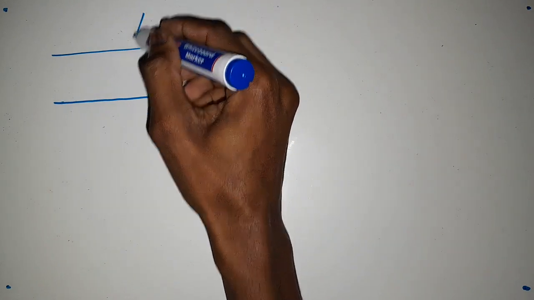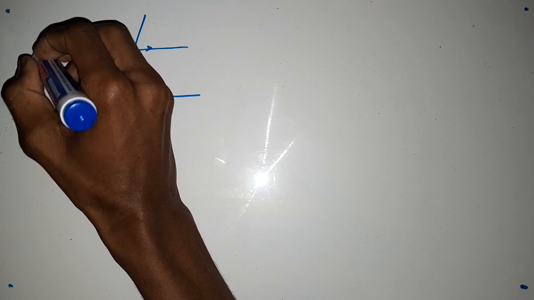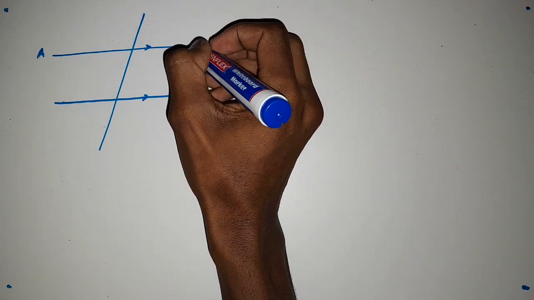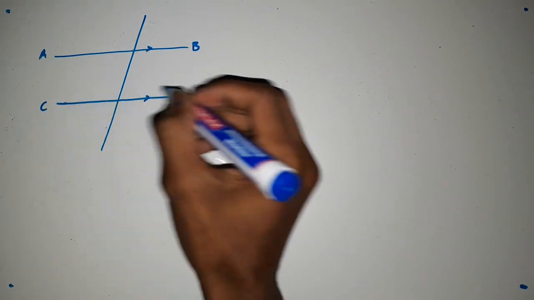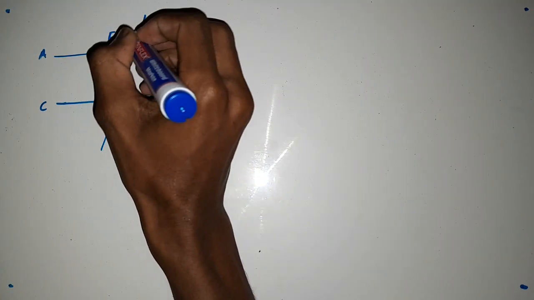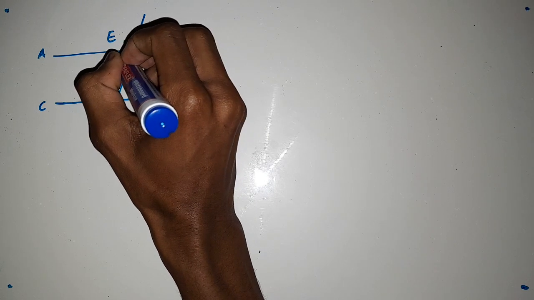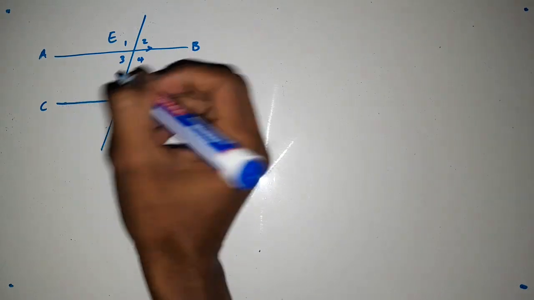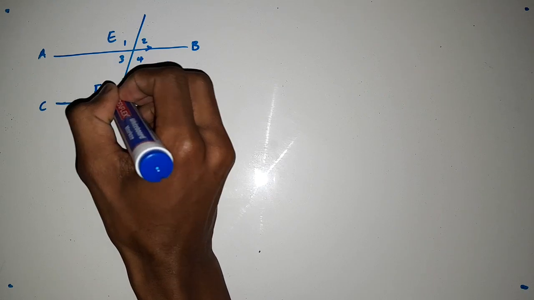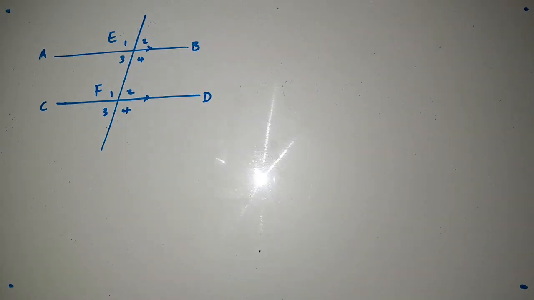Yeah, like this. See, parallel lines. We have A, B, C, D. Let's see, here we have E, F, 1, 2, 3, and 4. Like this. Do you understand?